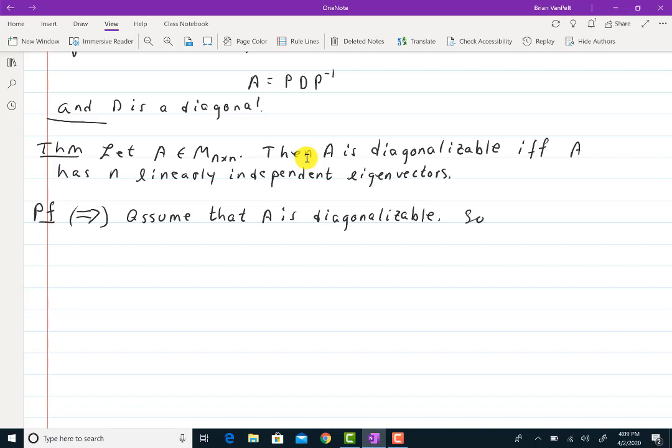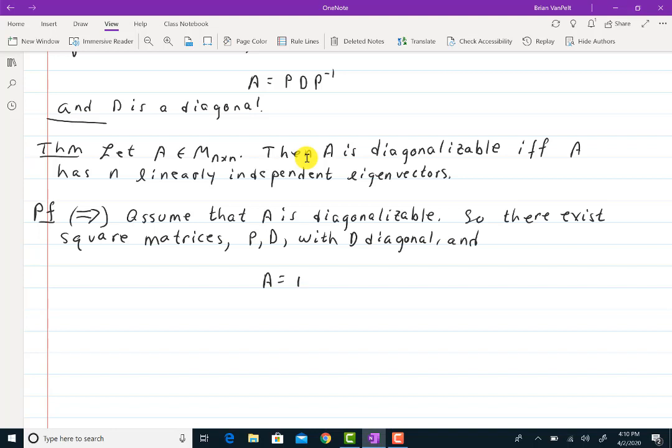So there exist square matrices P and D with D diagonal and A equals P D P inverse. Now what I want to show is that we get n linearly independent eigenvectors from A.